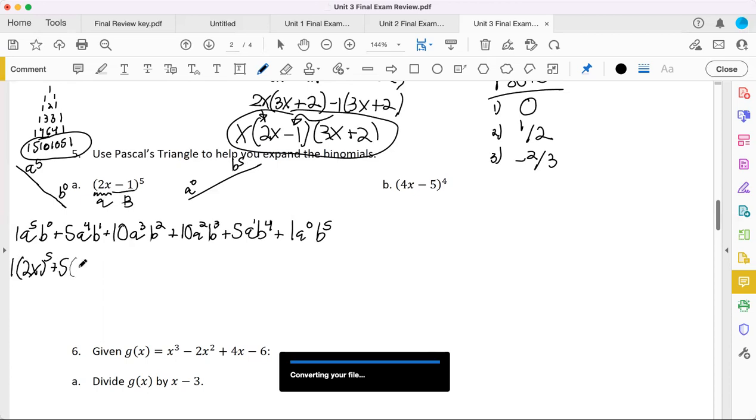Plus 5 versions of 2x to the 4th power times -1, plus 10, 2x cubed, -1 squared, plus 10, 2x squared, -1 cubed.